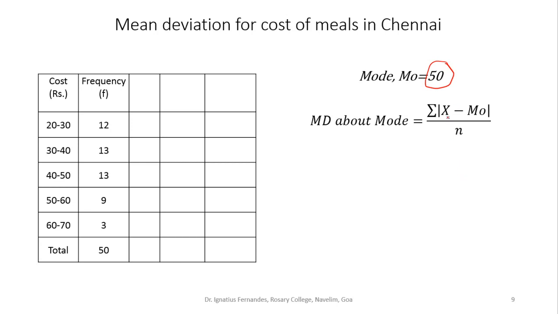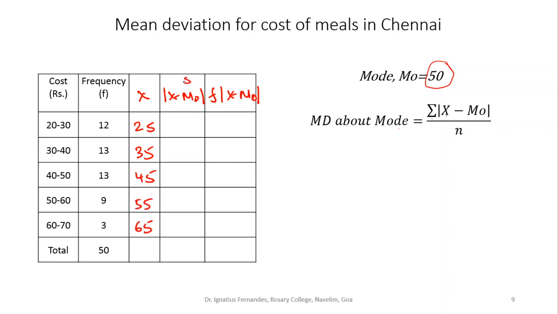The difference now is that we are finding the mean deviation about mode. It will be the summation of f multiplied by modulus of x minus mode. So the columns here are x minus mode with absolute sign, and then f multiplied by x minus mode. The mid values of the classes are 25, 35, 45, 55, 65.